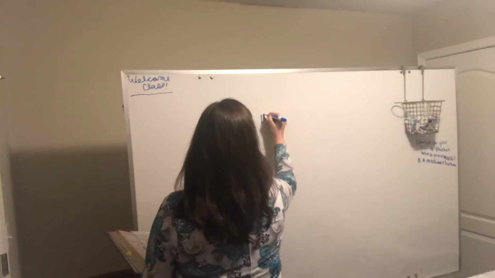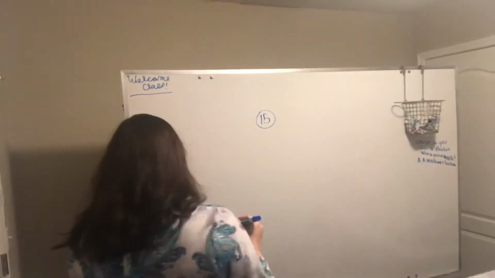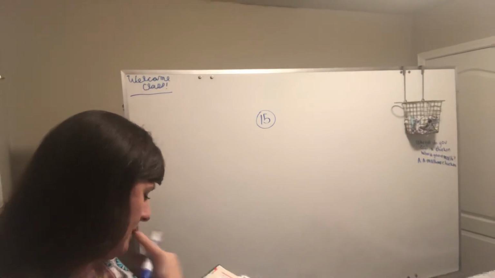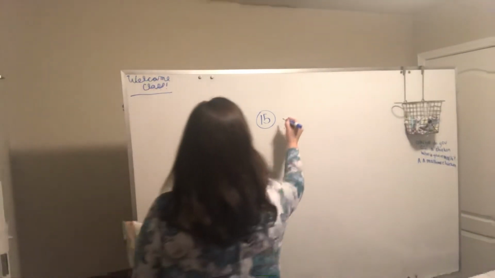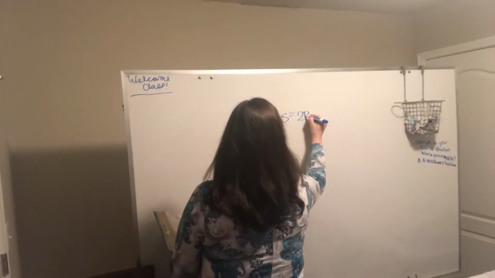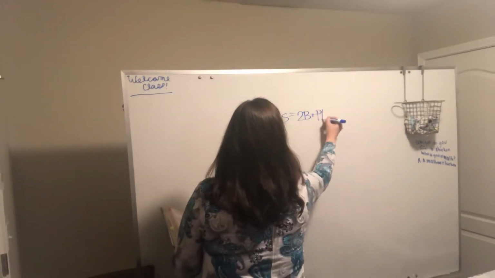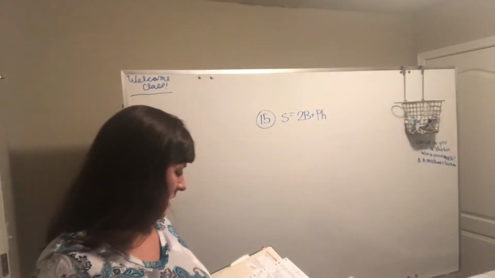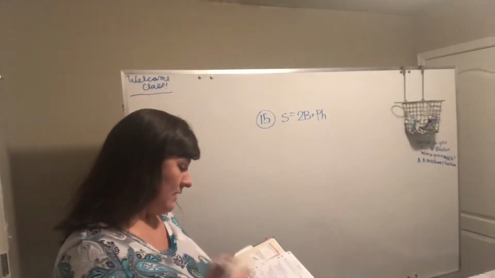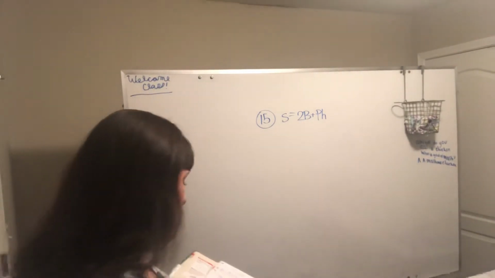The formula here we're using because we're talking about a rectangular prism: 2 times the base plus the perimeter times the height. Make sure you remember those capital B's. That means area of the base. This is a rectangular prism, that means the base is a rectangle.